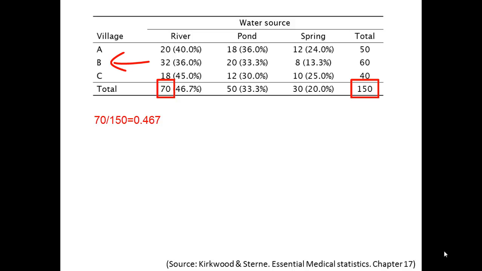So we can calculate the expected numbers as the proportion of river users, which equals 70 divided by 150 here, multiplied by the number of households in each village. So for village A, this is 50. For village B it's 60 and village C is 40.